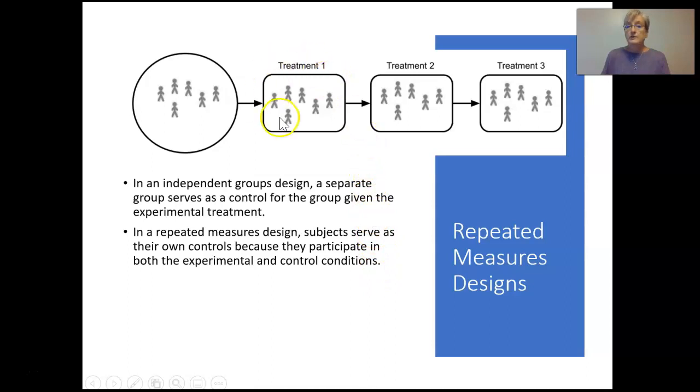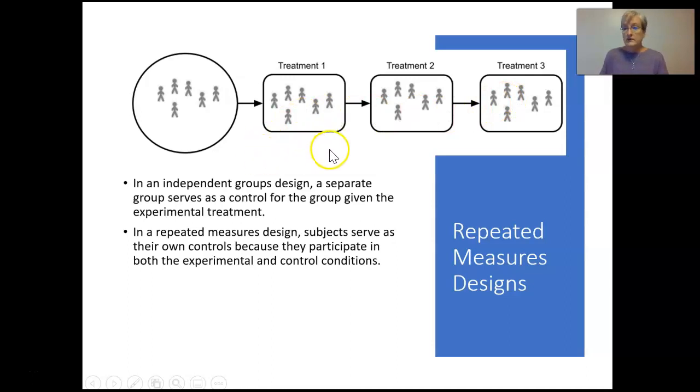For example, in treatment 1 the independent variable might be applied, so it's a treatment condition. Treatment condition 2 might be a control condition where the treatment is removed. In treatment 3, the independent variable may be applied again.